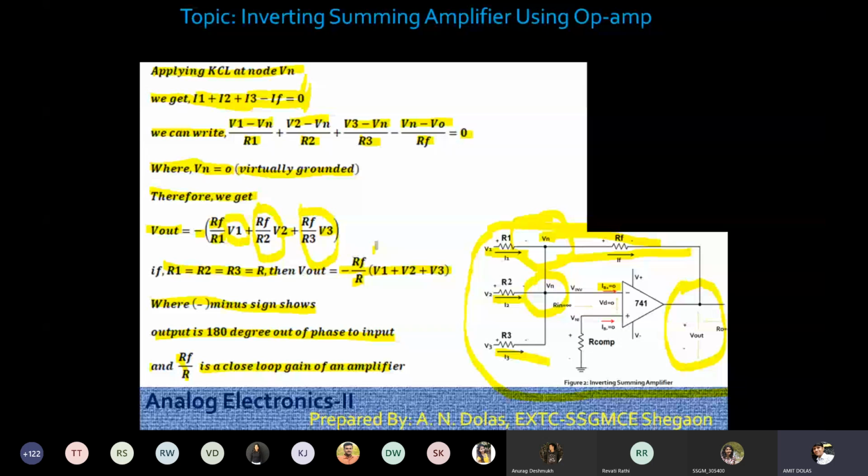So 2 will be the multiplier or closed loop gain. So it will be summing and amplifying. Both operations are carried out together, summation and amplification. That's why the name of this circuit is summing amplifier, and we are using inverting mode. That's why it is called an inverting summing amplifier.